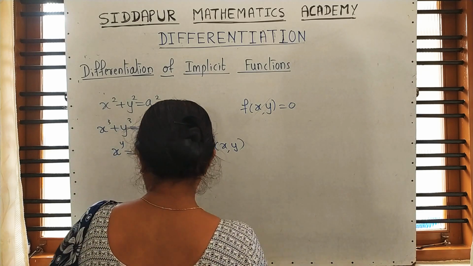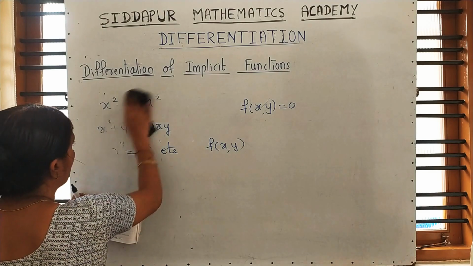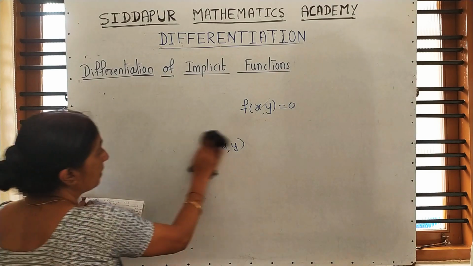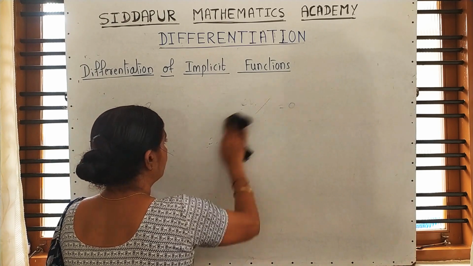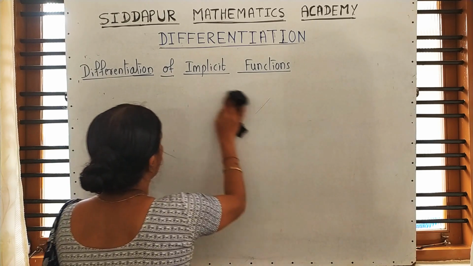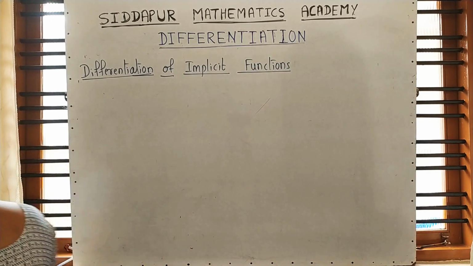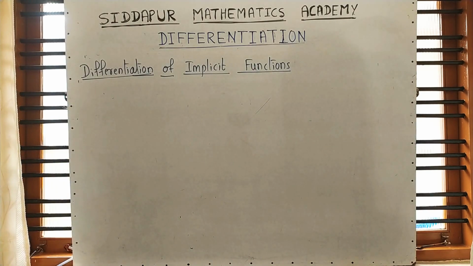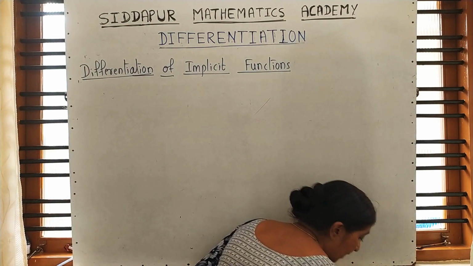Now I will start the examples on implicit functions. Have you understood the difference between explicit and implicit? In explicit, y is directly expressed in terms of x, and in implicit, y is not directly expressed in terms of x.